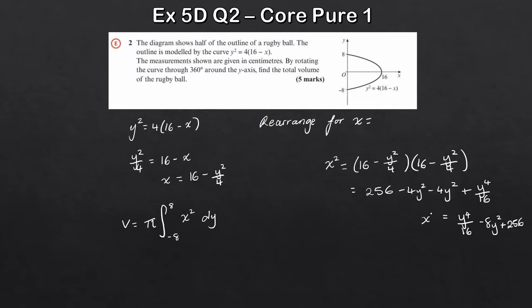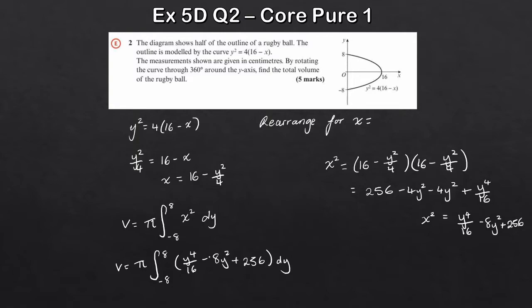So now all I can do is replace my x squared here. So V is equal to pi times this integral here from minus 8 to 8 of x squared, where x squared is y to the 4 over 16 minus 8y squared plus 256. That's with respect to y.